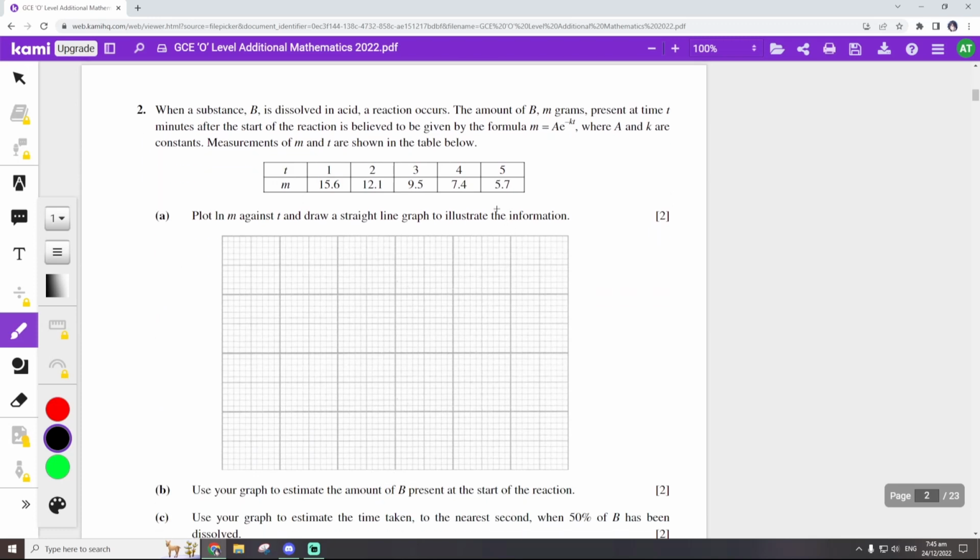Second question, linear law. So the context is just dissolving in acid and an exponential formula. Plot ln m against t.